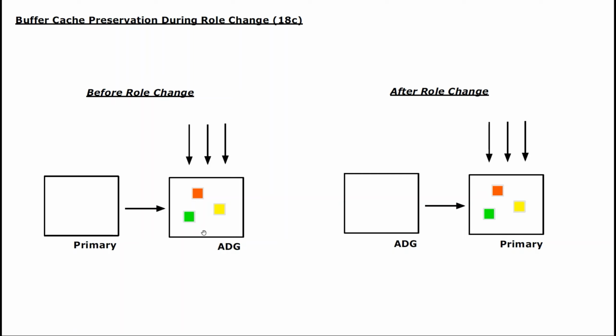So 3 blocks cached in the Active Data Guard, and the same blocks retained even after it becomes the primary database. So this is a pretty cool feature. If new sessions connect to the primary database for insert, update, delete, we can take advantage of pre-warmed memory. So this is a very nice feature. I will come back to the slide.